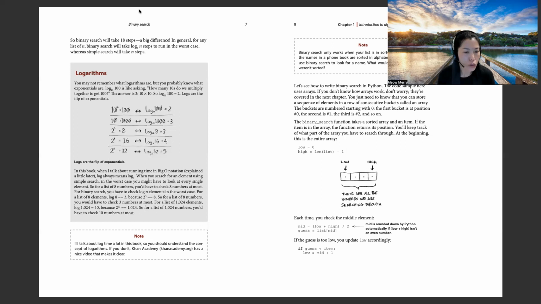For binary search, you have to check log n elements in the worst case. For a list of 8 elements, log 8 equals 3, because 2 to the power of 3 is equal to 8. So you would have to check 3 numbers at most.